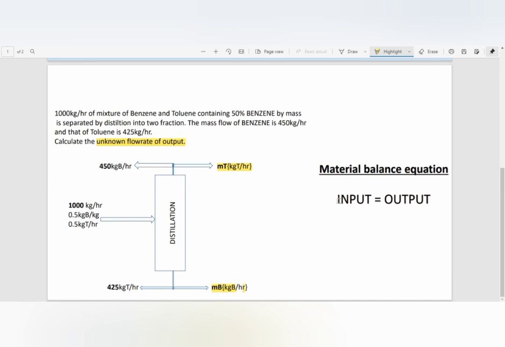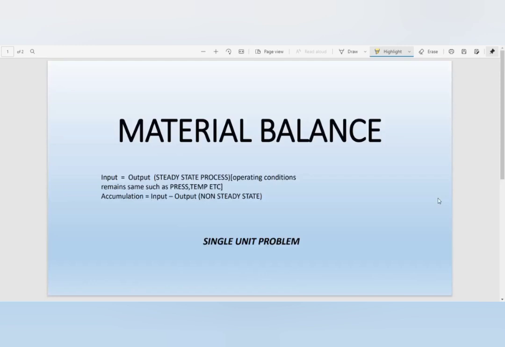So what we will be doing is applying the mass balance, or material balance, equation for this system, for this steady state system. Why steady state? Because no discussion and no information is given for the temperature and pressure, so we consider it a steady state process.